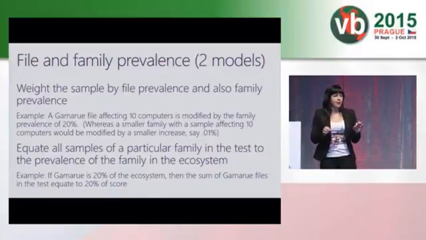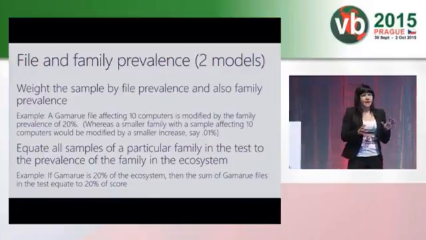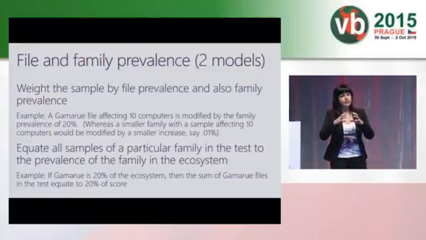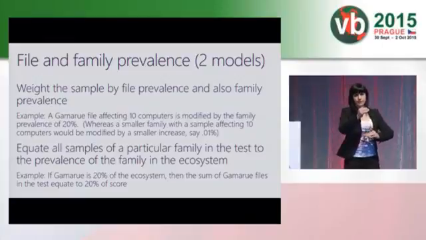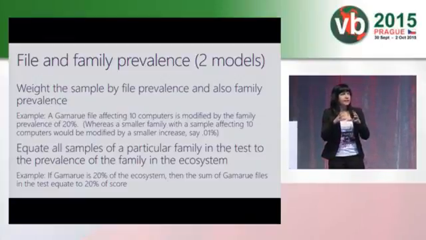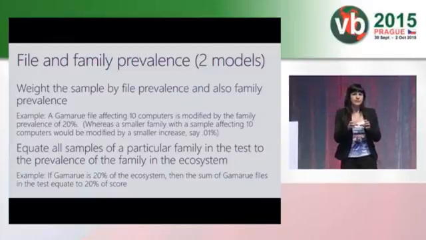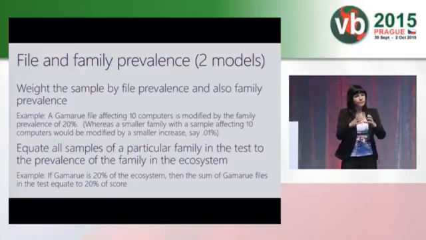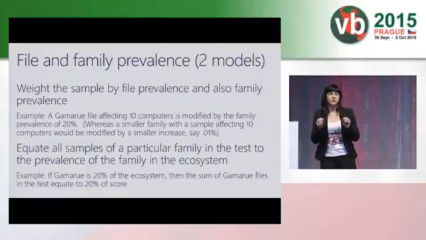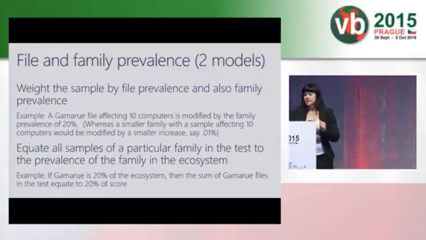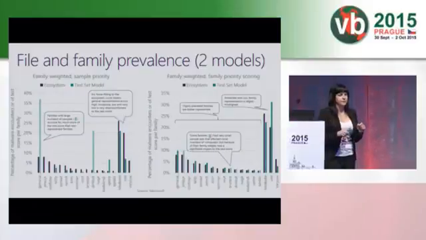The second family model that we looked at basically would force fit the samples of a particular family to the ecosystem curve. So if the family in the ecosystem represented 20% of all the malware encounters that people had in that time period, then the test score for that sample set also represents 20%. Let's talk about the next slide, and it shows the results of these two models.